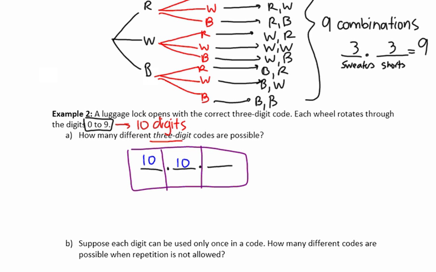So there's no restrictions right now. In the future, we're going to put restrictions. I'm going to say things like no repeats or stuff like that. And then the last one's still 10. So a total of how many combinations can we make? That would be 1,000 combinations. Different combinations you can make for your little codes on your luggage.